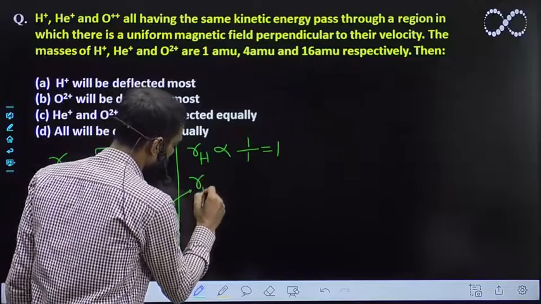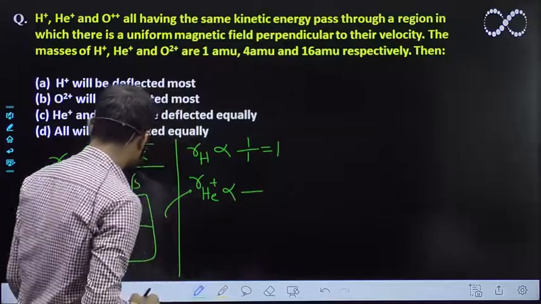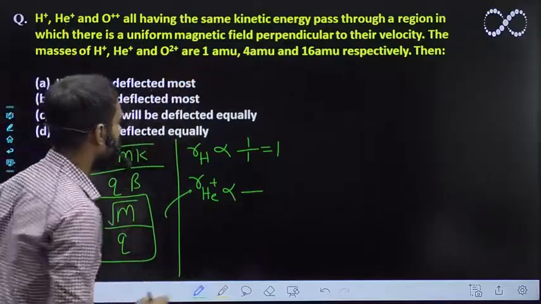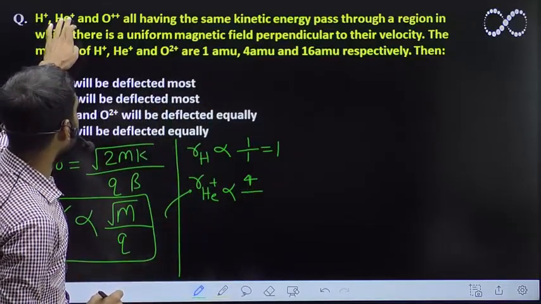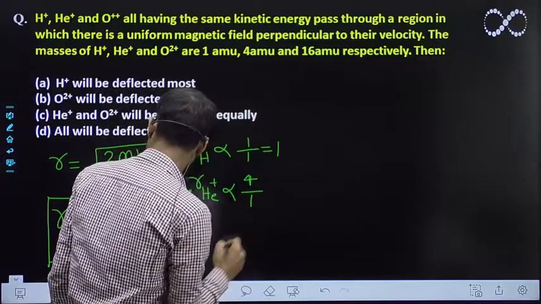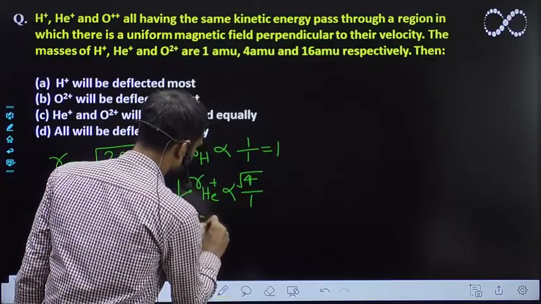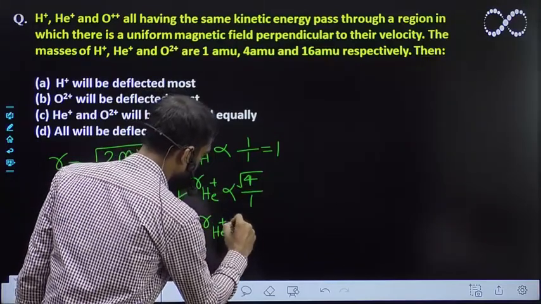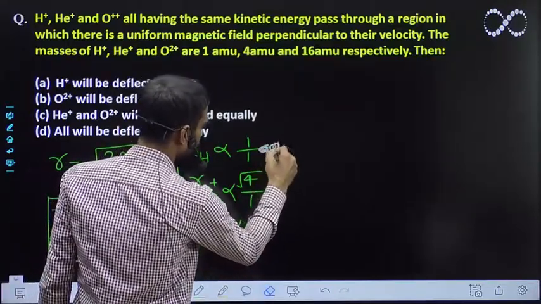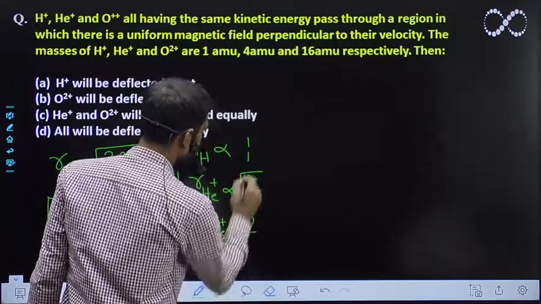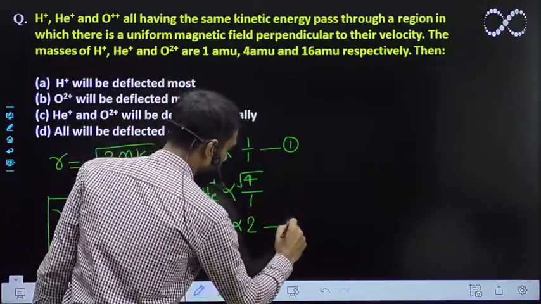R of He is directly proportional to √m/q, where the mass of helium is 4 and the charge of helium is plus 1. With the root of 4, the radius of helium plus is directly proportional to 2. Let us call the first one equation 1 and this one equation 2.